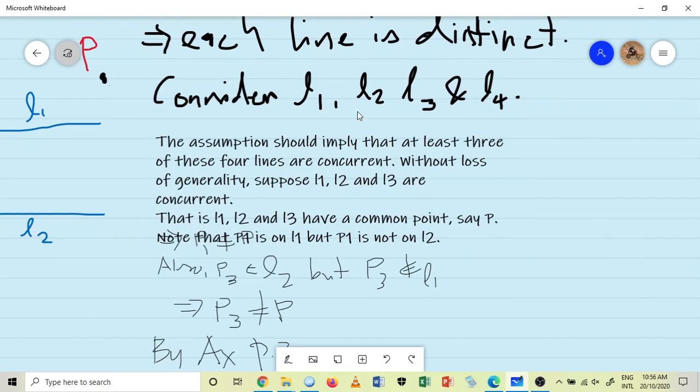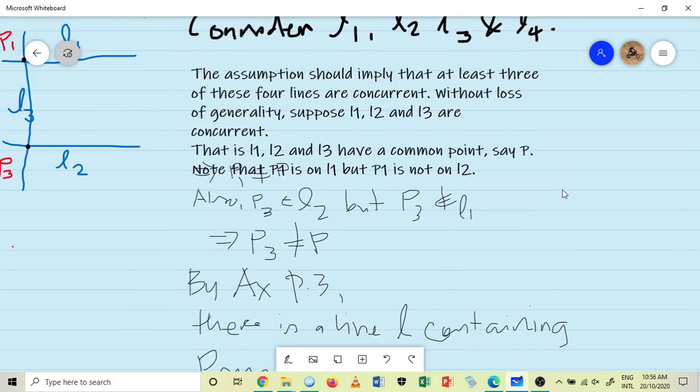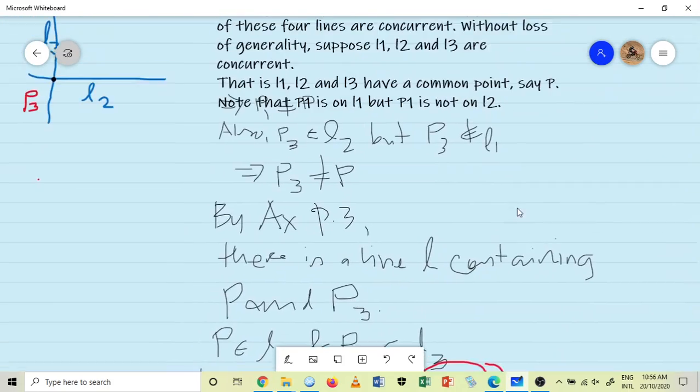So we see that this argument led us to a contradiction.